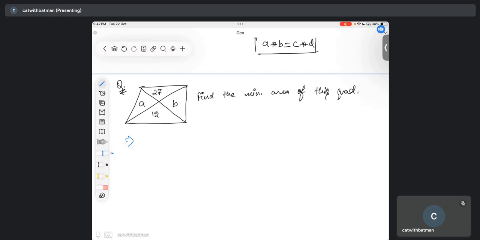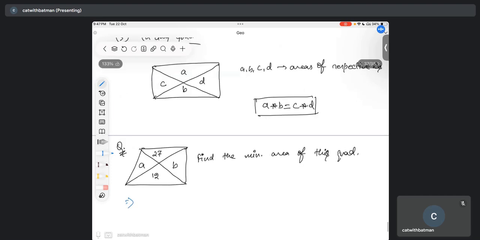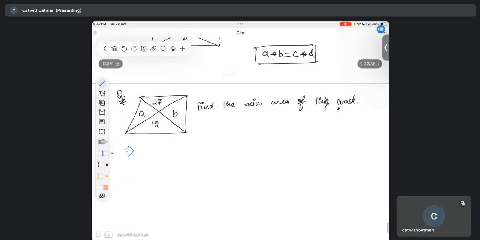Okay, let's see. We just saw this formula where multiplying the opposite triangles makes the areas equal. So I can write A multiplied by B equals 27 multiplied by 12, that is 324. Since we need the minimum value, from the concepts of number system, we will make A and B equal to each other, which will be A square, or B square, whatever you want to call it.